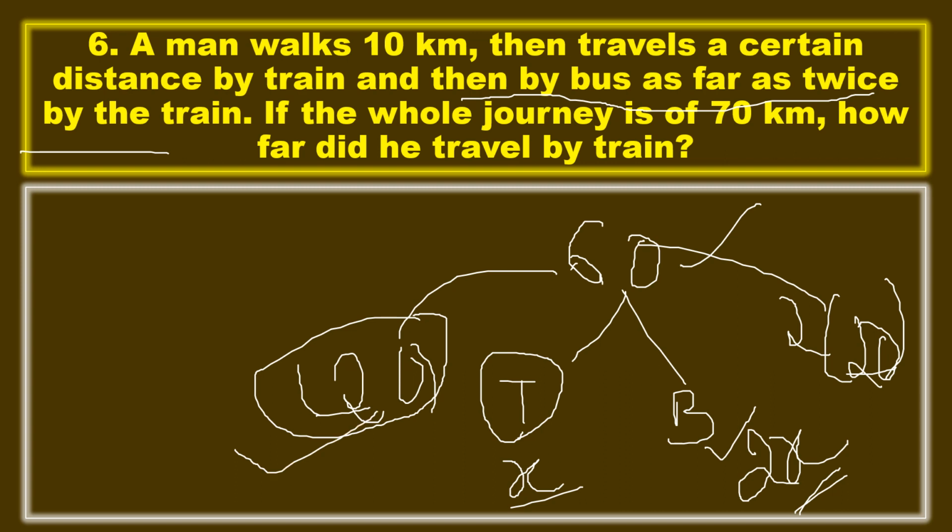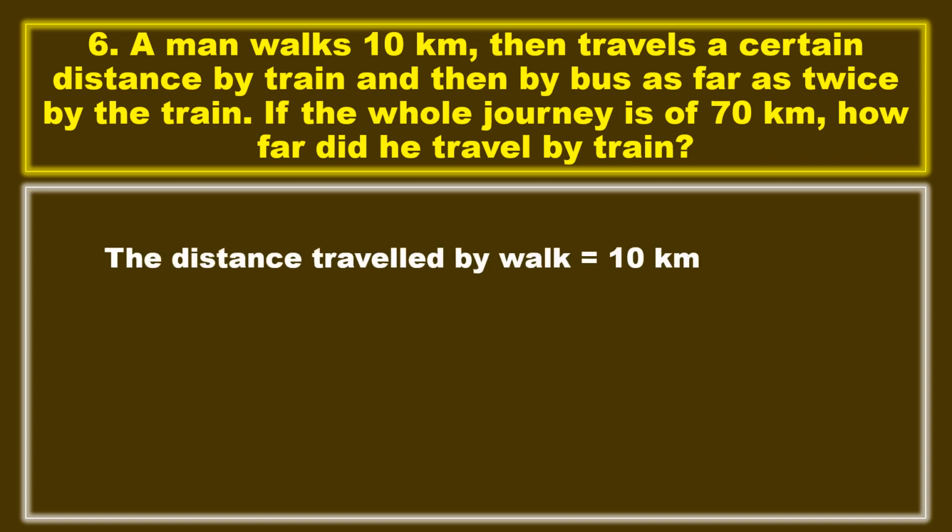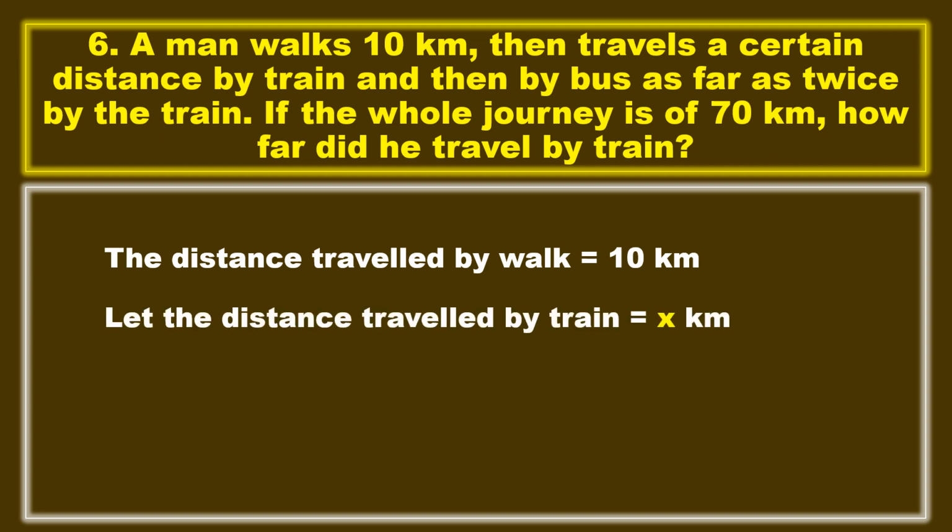Let us check whether we got the same answer by solving this. Let us take each and every step. The distance traveled by walk is 10 kilometers. Now distance traveled by train, we don't know the train distance. If you know the train distance, then only we can write the bus distance, because bus distance is 2 times of train.